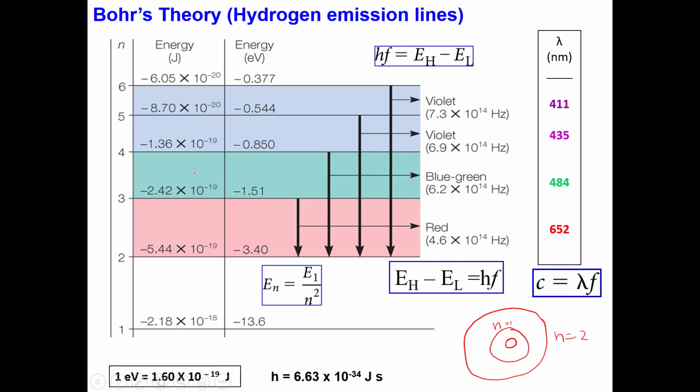And to convert from electron volts to joules, you can use this conversion factor. But in our case, we will use the energy in joules, because the Planck's constant we are using in our problems is in joules per second. Then in our problems, we will use these values of energy in joules.